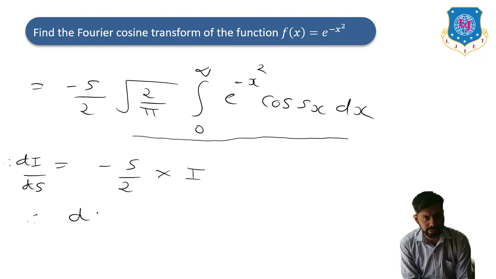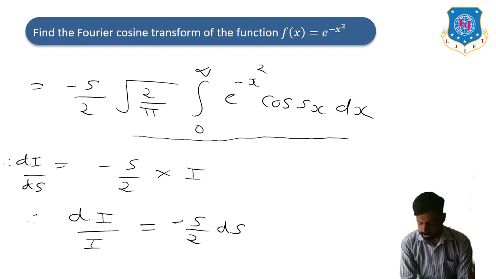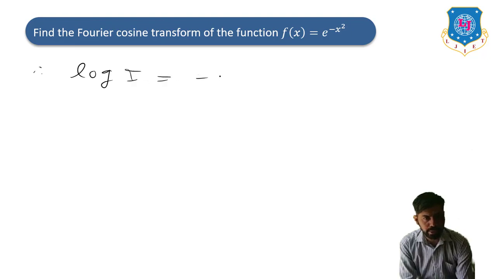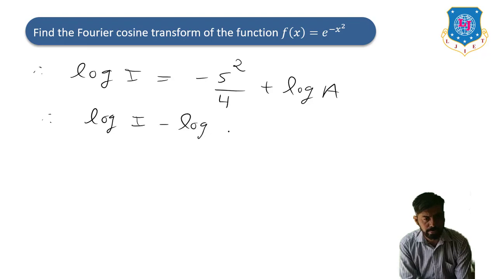So this can be written as dI upon I, that is equal to minus s by 2 into ds. Taking integration on both sides, the integration of 1 upon I will be log I. Okay, and the integration of minus s by 2 will be minus s square by 4, because the integration of s is s square by 2, plus a constant, and suppose that constant is log capital A. Therefore this can be written as log I minus log A, that is equal to minus s square by 4.